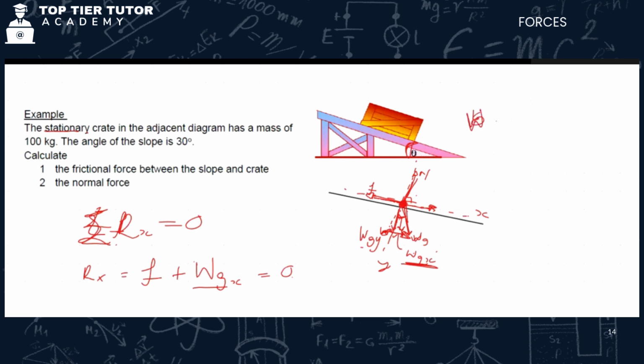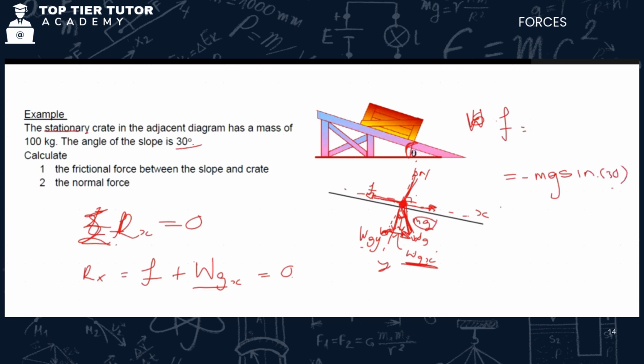Our frictional force is equal to negative of our weight in the x direction. The resultant weight would just be m multiplied by g. So therefore, it would be m multiplied by g sine theta, because it's opposite of our angle, that's theta.